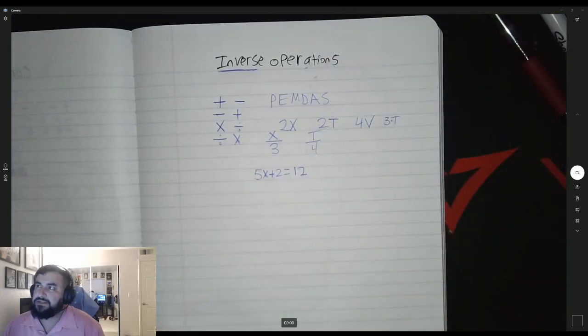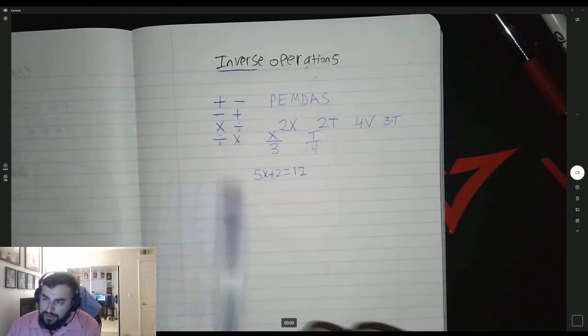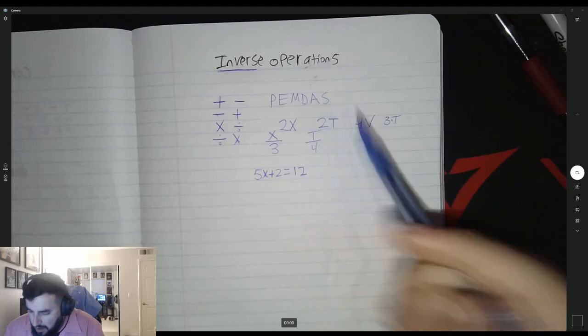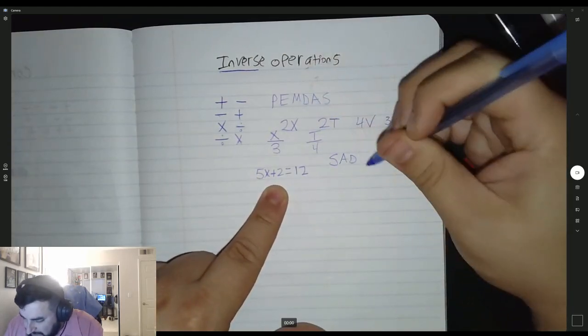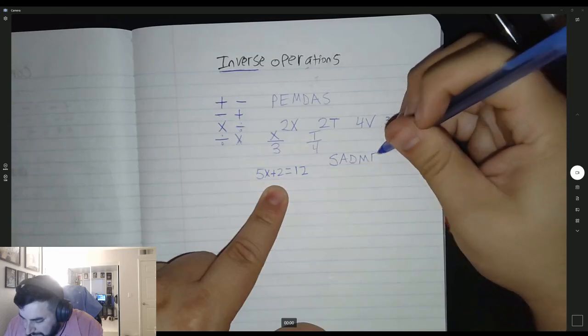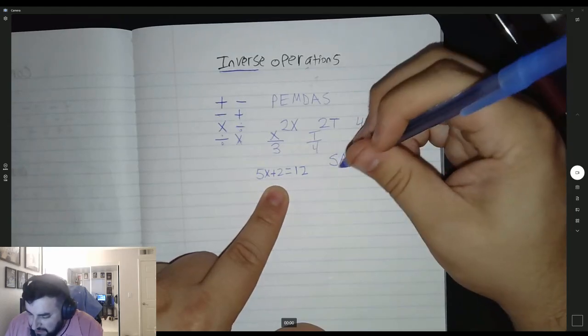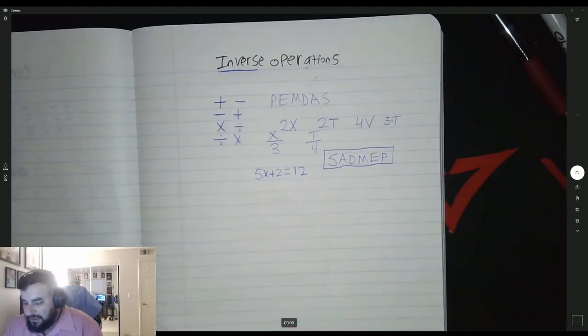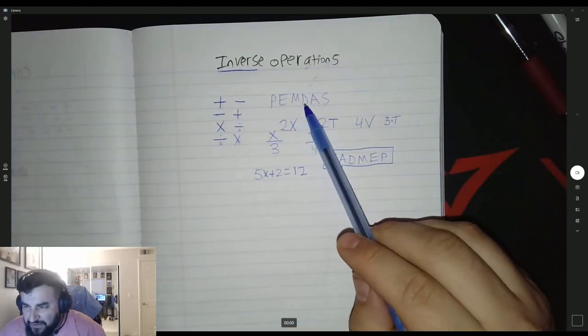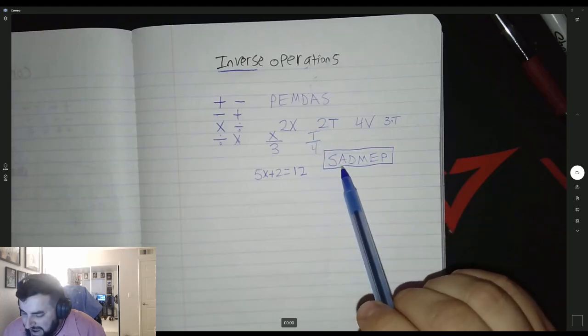What inverse means is opposite, inside out, backwards. So what is this backwards? Oh, it's SADMEP. It's basically PEMDAS written backwards. You have to go in this order to do inverse operations. So instead of multiplying and dividing first, you have to subtract and add first.